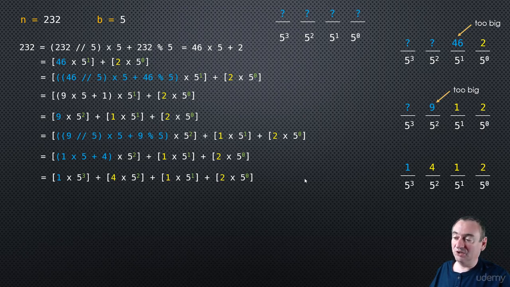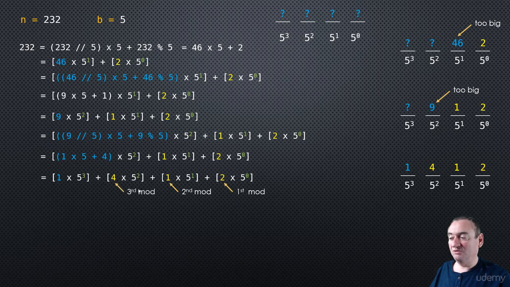But let's take a look at the pattern now. The first number here was the first mod that we did. We took 232 mod 5. The second number here was the second mod, which was the mod 5 of the first div. So it was 232 div 5 mod 5, because 232 div 5 is 46, and then we took 46 mod 5. That gave us a 1.